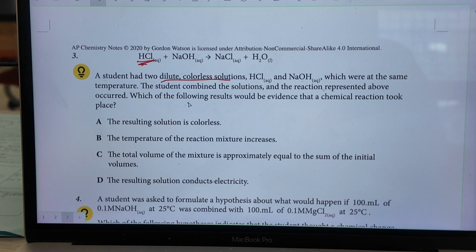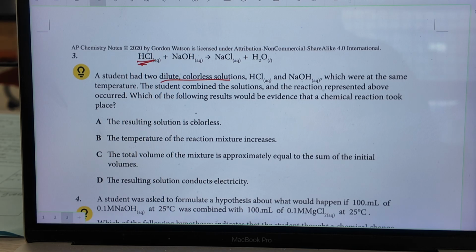And so that's a neutralization that's happening because it's exothermic, and what is happening is a temperature increase, where they were at the same temperature when they were combined, and they represent the following results.